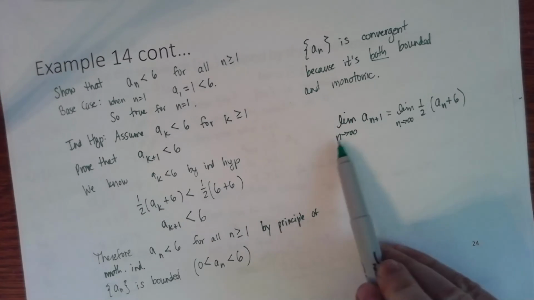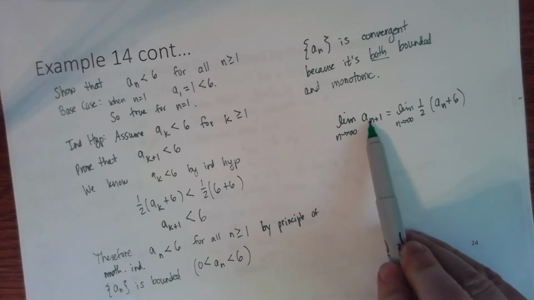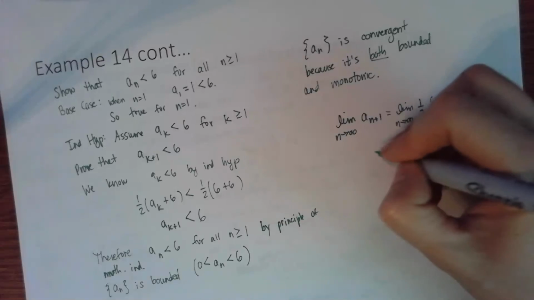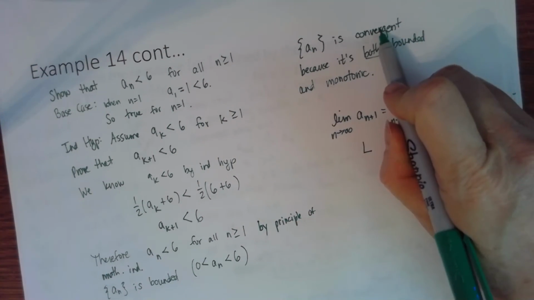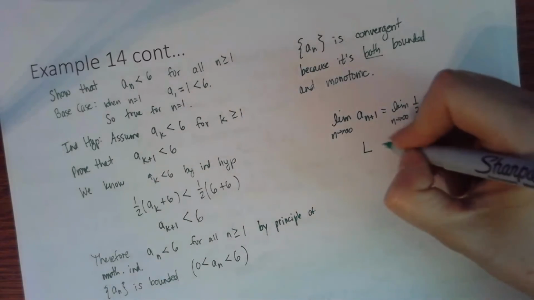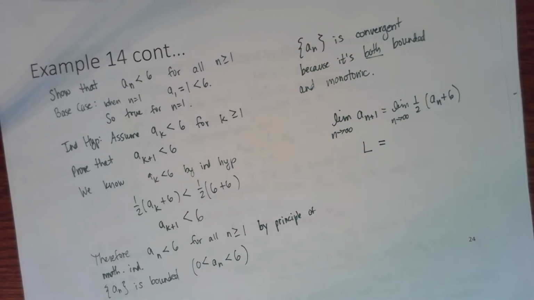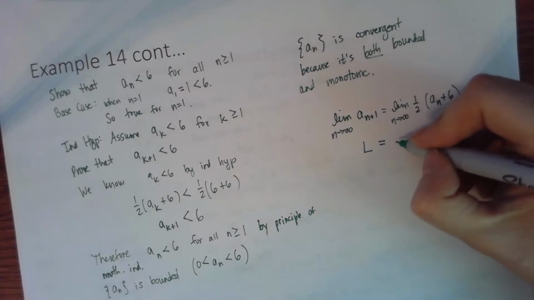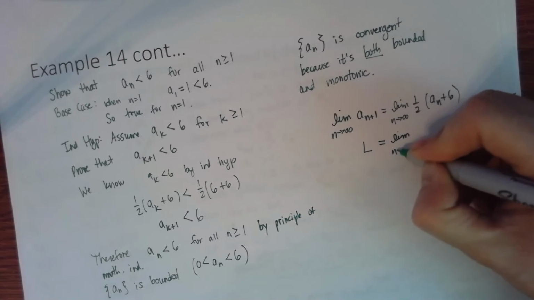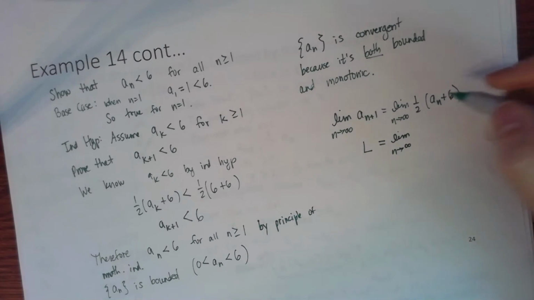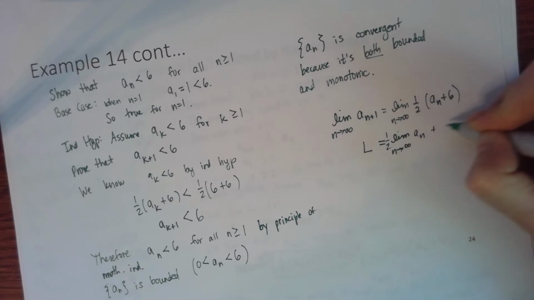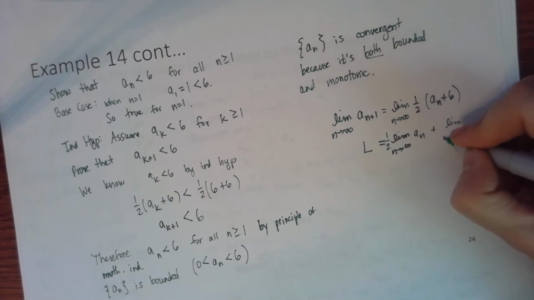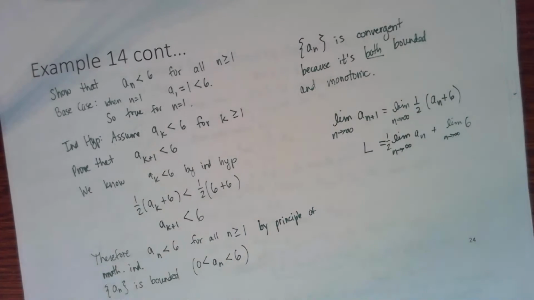So it has a limit, and we'll just substitute that with L. Over here, this is going to be the limit as n approaches infinity, and I can pull the 1/2 outside, of a sub n plus the limit as n approaches infinity of 6.